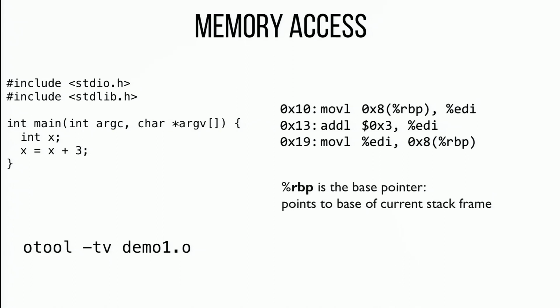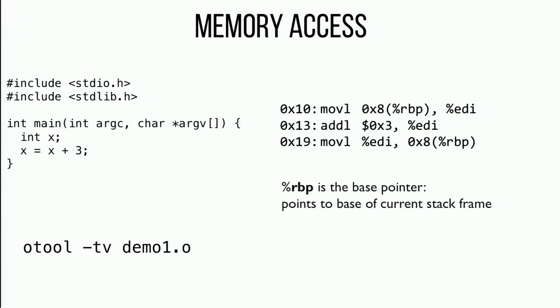These are the addresses of the instructions where main lives in the address space. What is move of this into this? So this is a user register. And then we are looking at the base pointer on the stack because X has been located on our local stack.